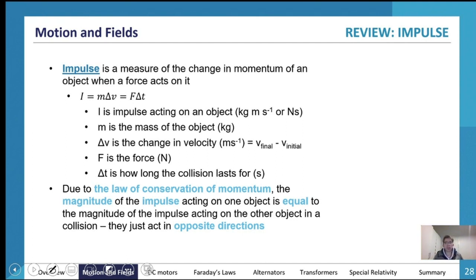Impulse is measured in kilogram meters per second or newton seconds. m is the mass of the object in kilograms. Delta v is the change in velocity in meters per second. F is the force in newtons, and delta t is how long the collision lasts for, in seconds.